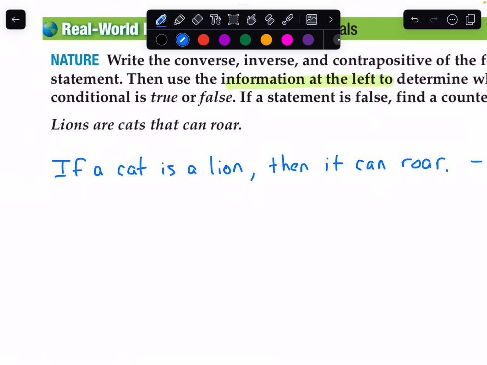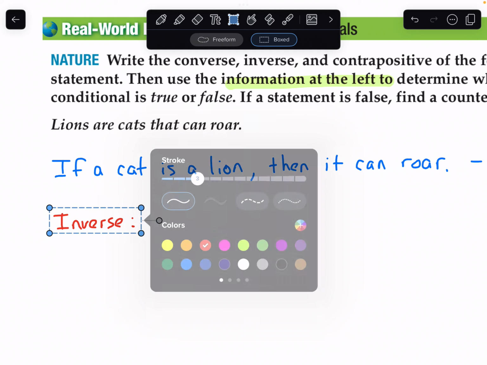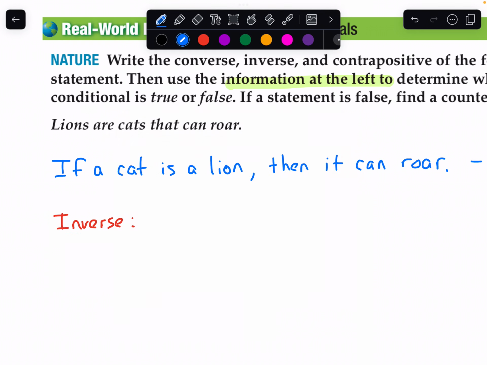But now let's write the inverse. Actually, let's do the inverse in red. To invert a statement, we're going to negate both the hypothesis and the conclusion.